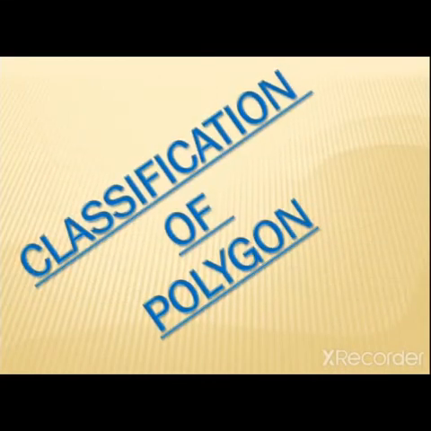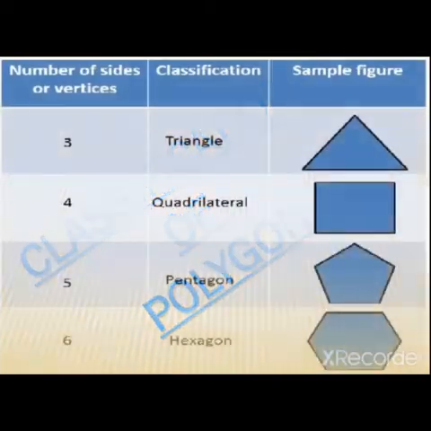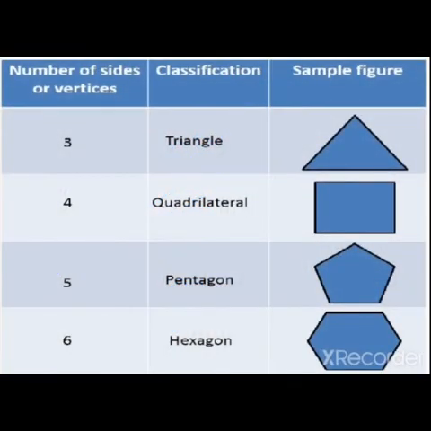Now classification of polygon. In classification of polygon, the number of sides or vertices, then classification and a sample figure are given. The first figure is a triangle. A triangle has 3 sides. After that, quadrilateral, such as a square or a rectangle, because a square, rectangle and quadrilateral have 4 sides.